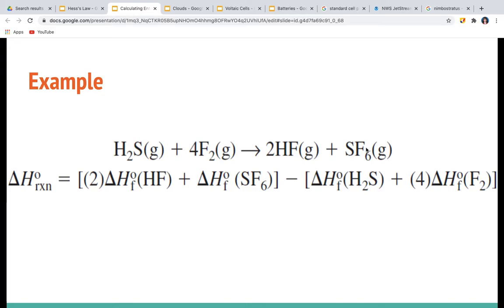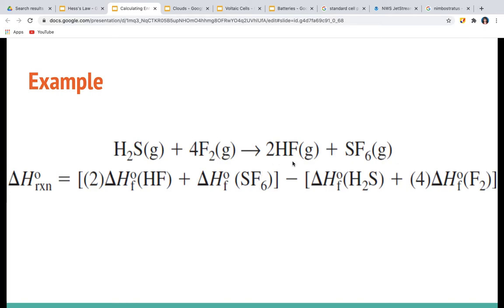Okay, so for an example, we have this balanced chemical reaction with hydrogen sulfide reacting with fluorine to give us hydrofluoric acid and sulfur hexafluoride. Okay, so our delta H should be equal to 2 times the enthalpy of formation of hydrofluoric acid plus the enthalpy of formation of sulfur hexafluoride.